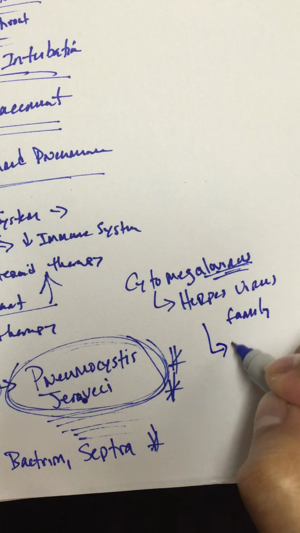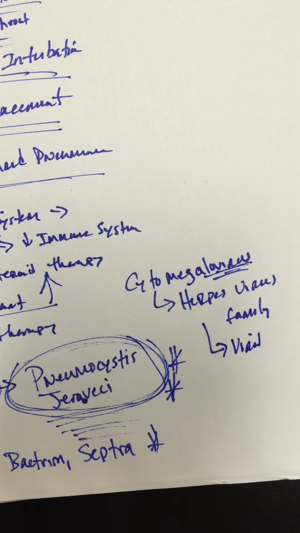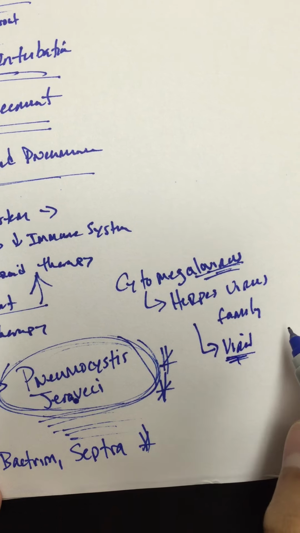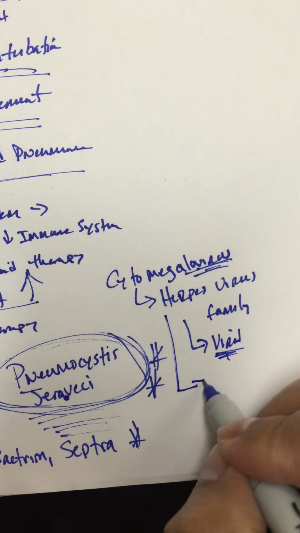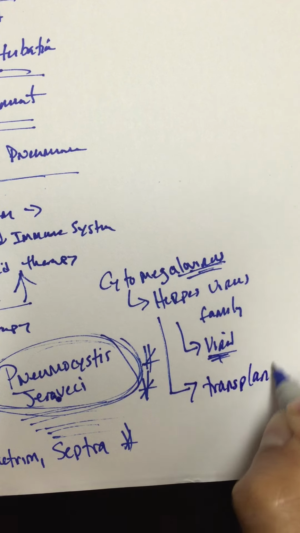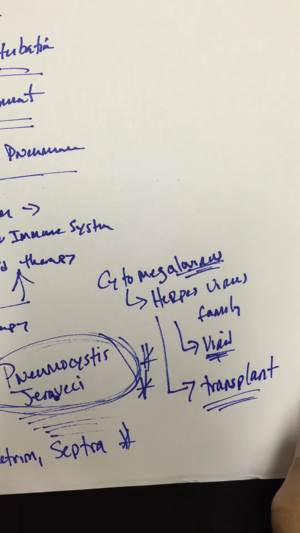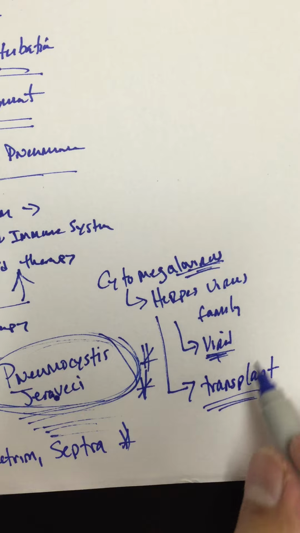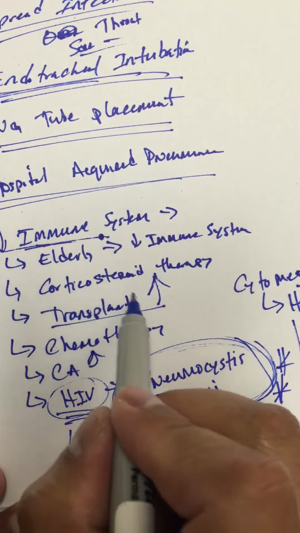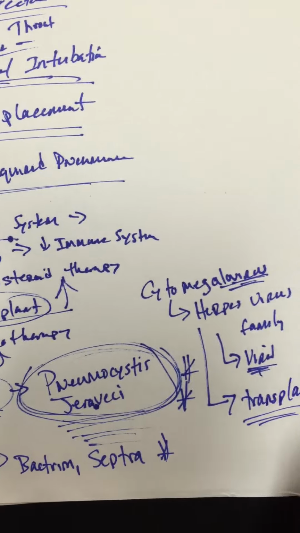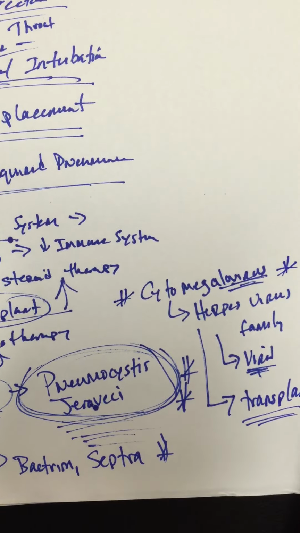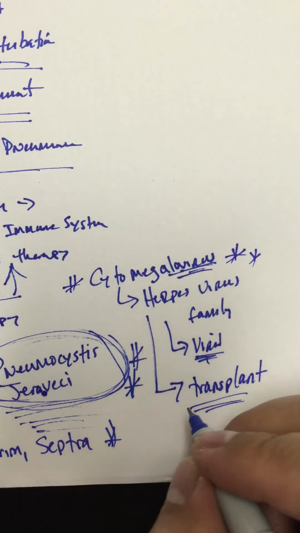Now this is a viral pneumonia, and we talked about how you may have bacterial, fungal, or viral pneumonia. So in this case, this is a viral pneumonia. Now this is typically seen in patients who had some type of organ transplant. So if you have a patient that had some type of transplant, one of the things that you worry about for these patients is cytomegalovirus infection, pneumonia.